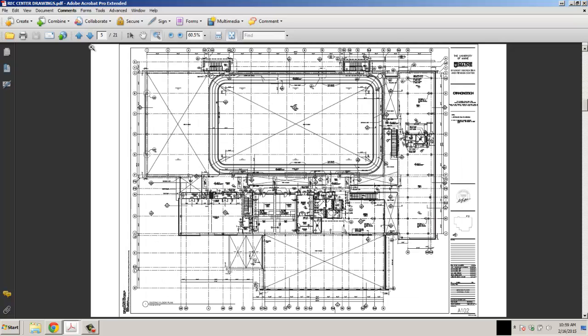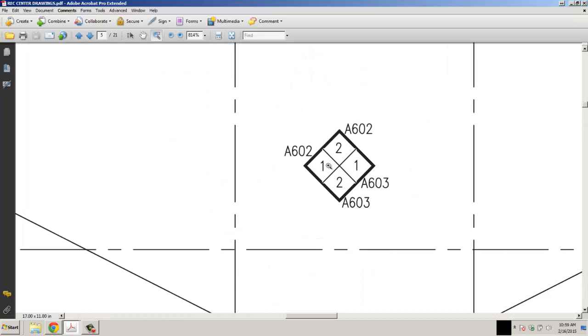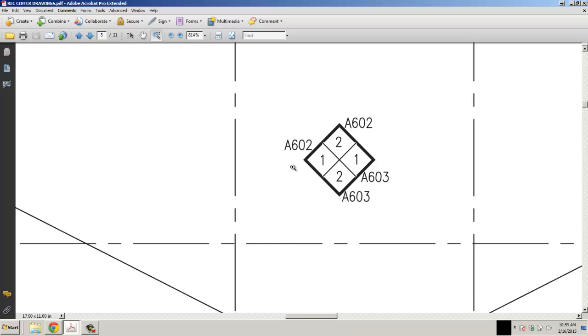Here's the second floor of the gym with the running track, the elevation down below. You can see that they probably duplicated these, which they did. There's your elevation 2 on A602. A602-1 is looking in this direction.